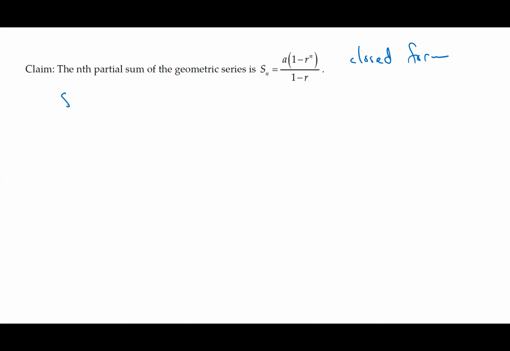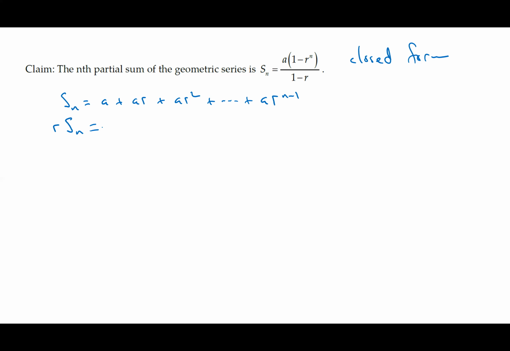So the nth sum we know is a plus ar to the first plus ar to the second all the way up to ar to the n minus 1. Now, this may seem like a trick, but it works. I'm going to multiply that sum by r.